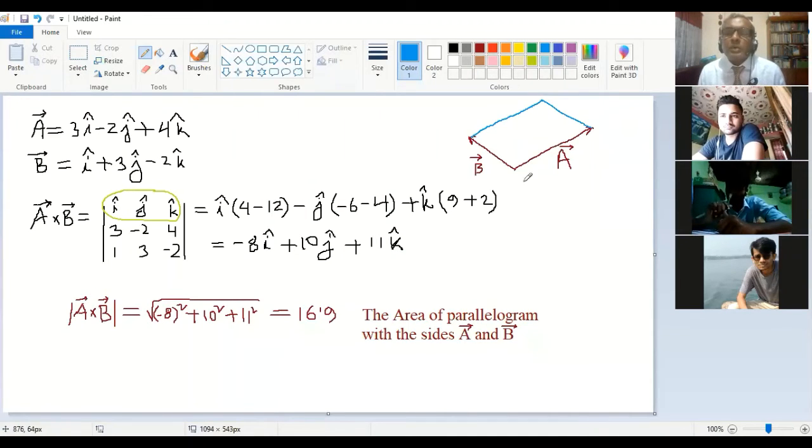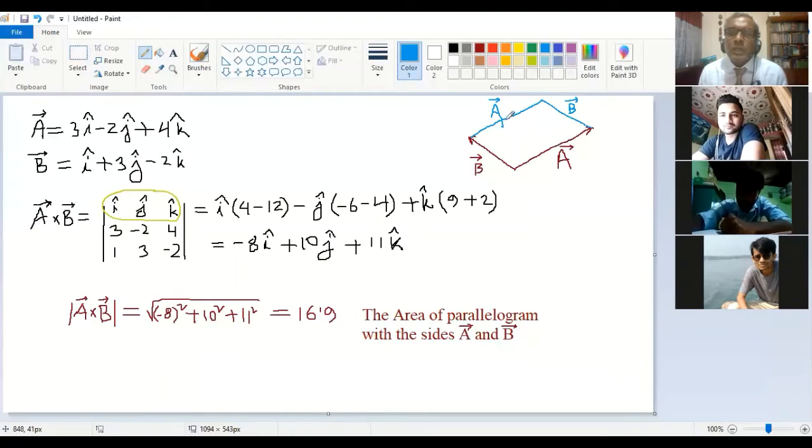Is that okay? You understand this thing? Two vectors, one is A, one is B, and these are the two vectors. And then if you complete the parallelogram, that means there will be four sides. So opposite sides are the same. So this side is also A, and the opposite side, this side is also B. Something like this. So that will be the parallelogram.